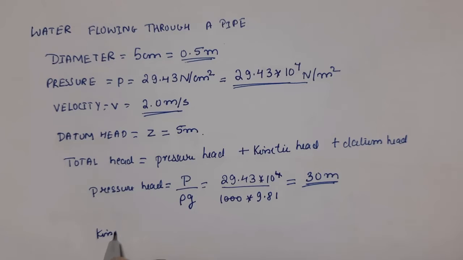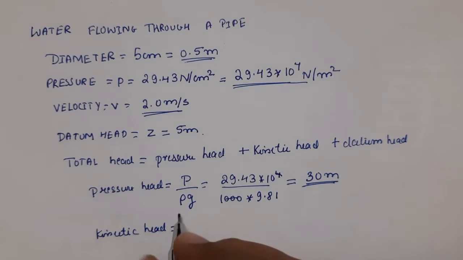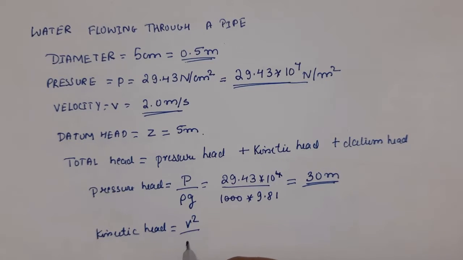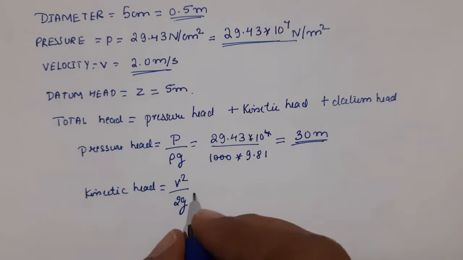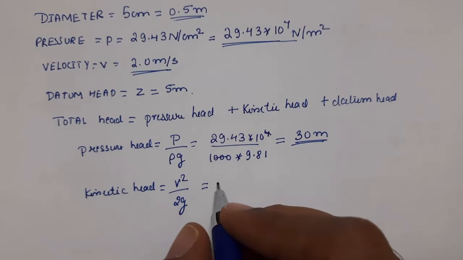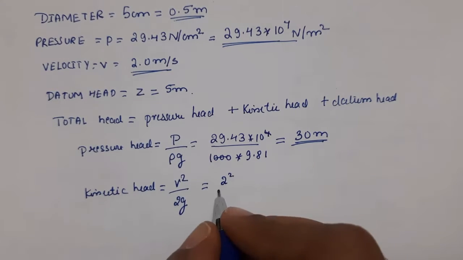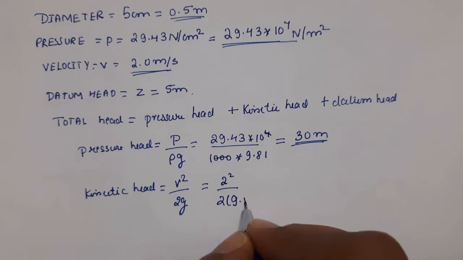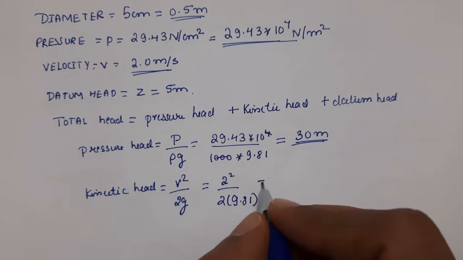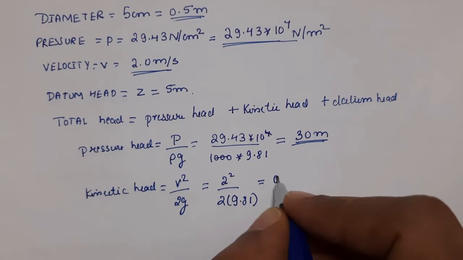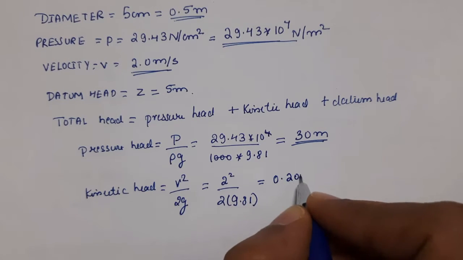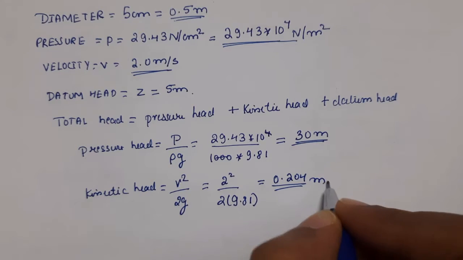Then kinetic head is nothing but V square by 2G. So that is equal to V square, 2 square, 2 is already given, divided by 2 into 9.81. So you'll get the head of around 0.204 meter.